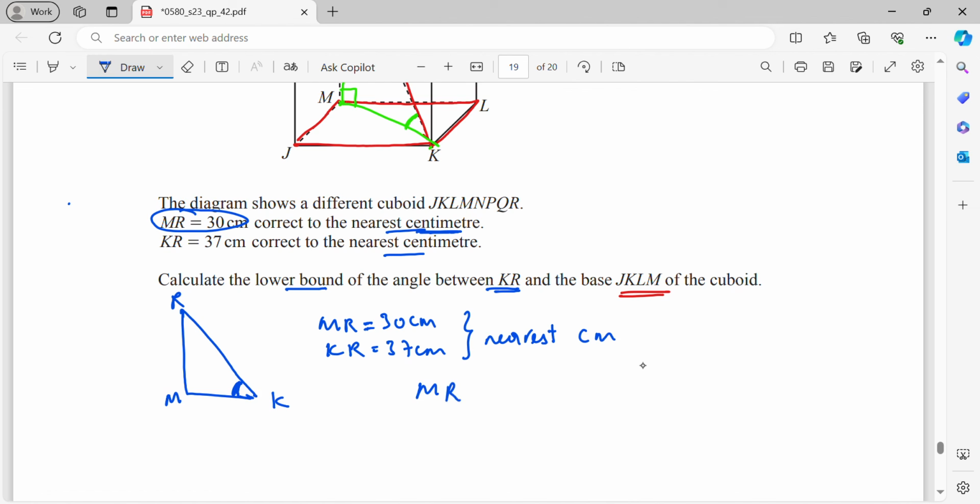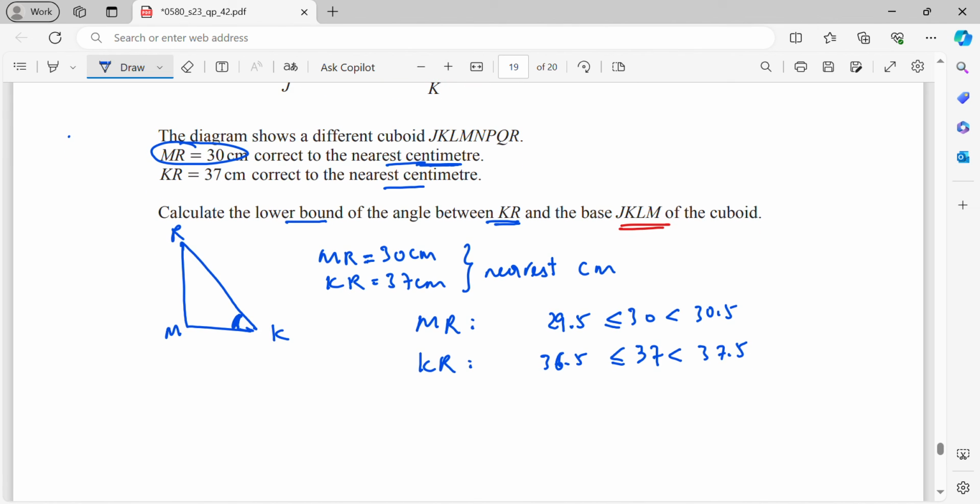My MR will be 30, then here in between. Now the lower bound you have to minus 0.5 from 30, which is 29.5. Then the upper bound you have to plus 0.5, which is 30.5, but it is less than that, not inclusive. Then for the KR, okay, it is 37, and again nearest centimeters. So you minus 0.5 from 37, which is 36.5 and 37.5.